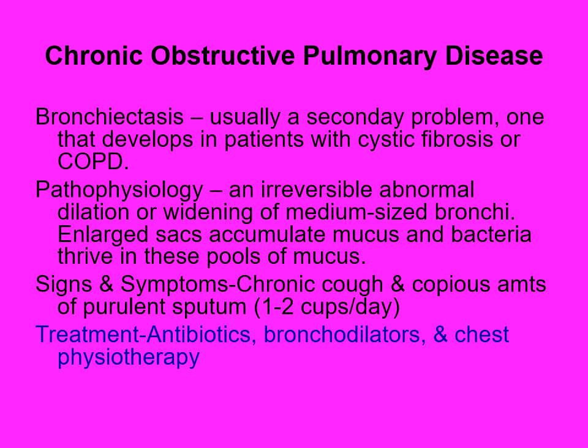Enlarged sacs accumulate mucus and bacteria thrive in these pools of mucus, so similar to what goes on in advanced emphysema and bronchitis. Signs and symptoms: chronic cough and copious amounts of purulent sputum, 1 to 2 cups per day, a lot of mucus production. Treatment: antibiotics, bronchodilators, and chest physiotherapy to break up mucus pockets.